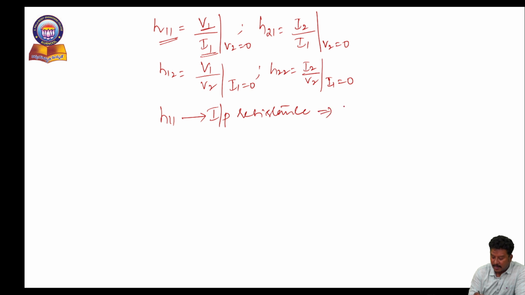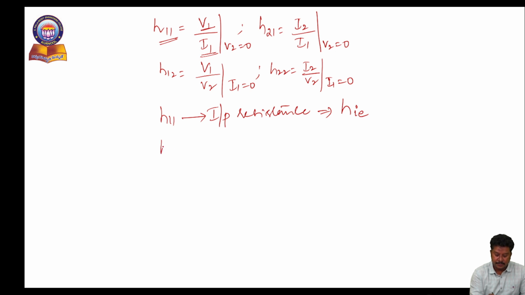So I am making it Hi. Hi is nothing but the H parameter which explains the behavior of a resistance, and I am representing the suffix i as the input side. And now I am using these parameters for the common emitter configuration, so I am considering it as hie.